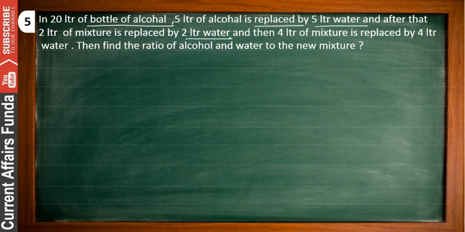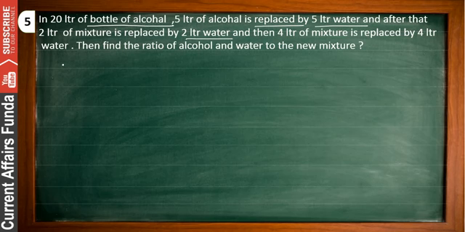After that, again when you apply the next step, you take out 2 liter of mixture and replace it with 2 liter of water. And after that you take out 4 liter of mixture and replace it with 4 liter of water. Okay. Then find the ratio of alcohol and water in the new mixture.